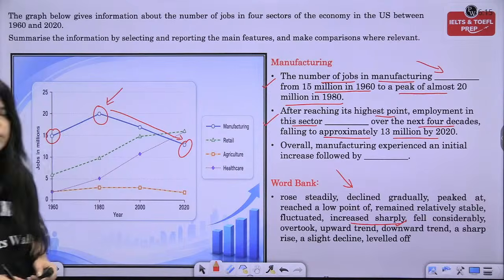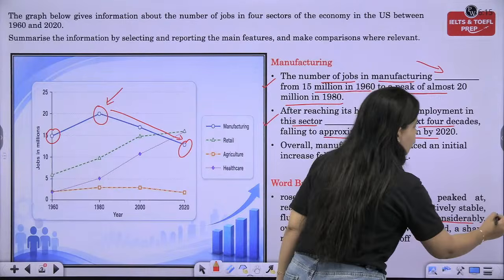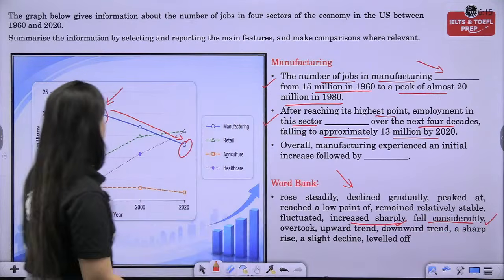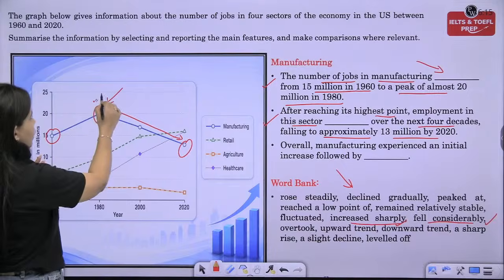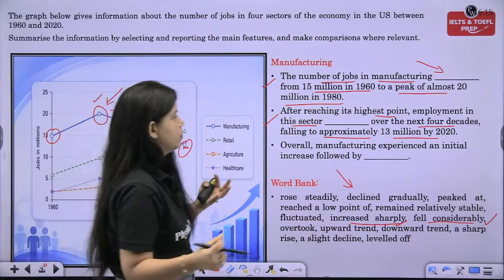Absolutely, Jasmine, fell considerably. You guys are experts already. Fell considerably, because if you see here, it's coming down from 20 million to as low as 13 million. So it's a considerable decline.